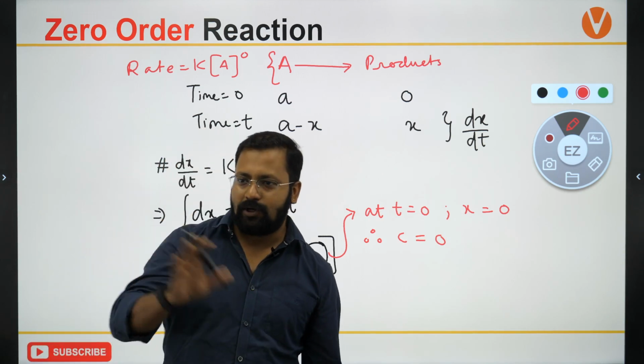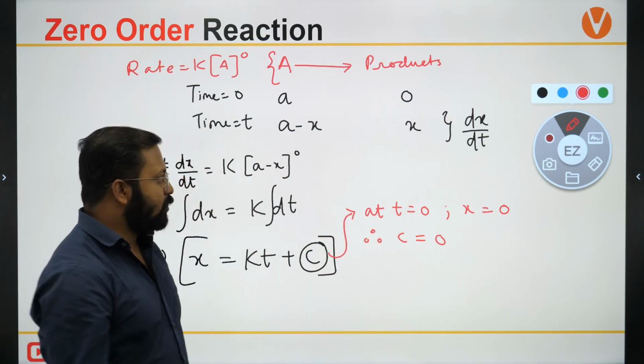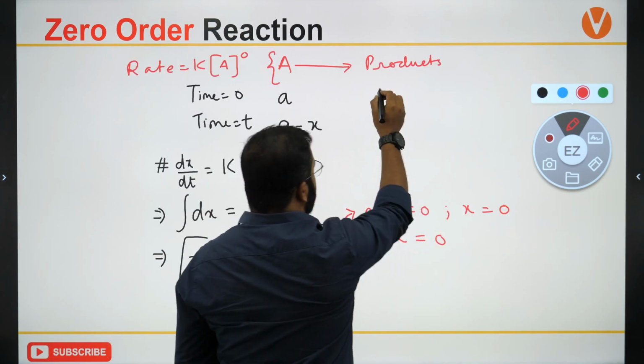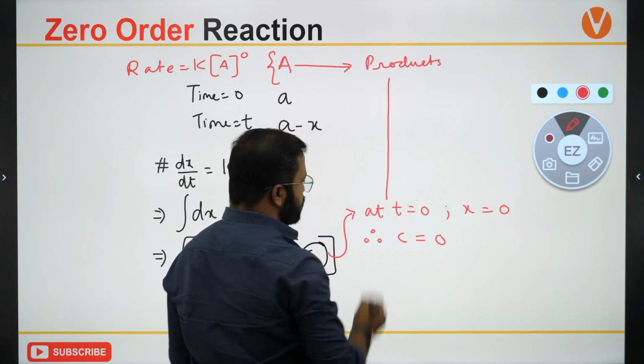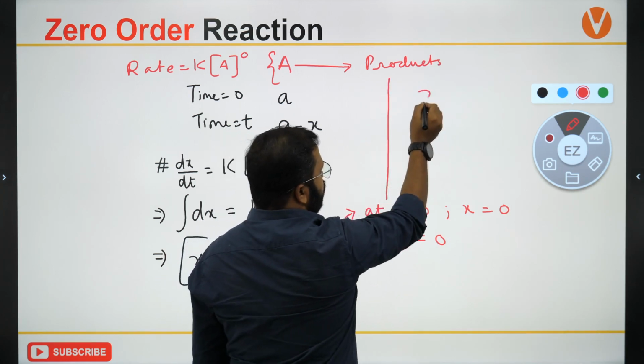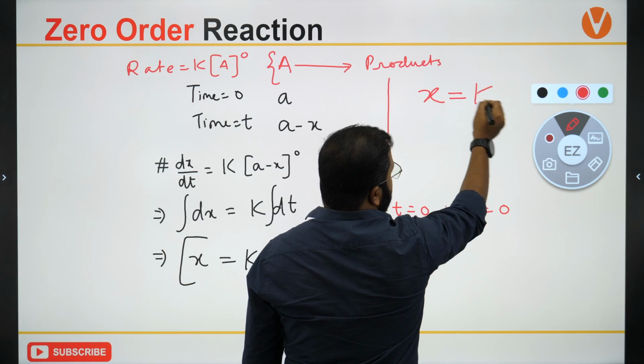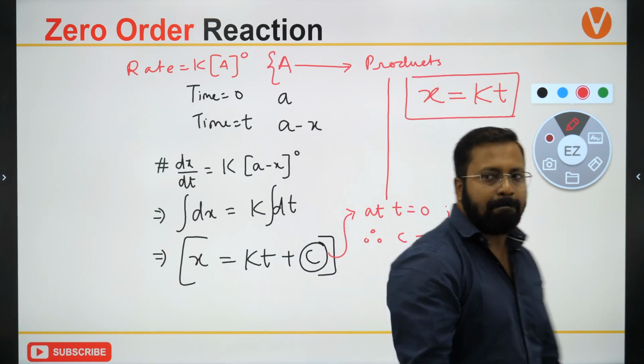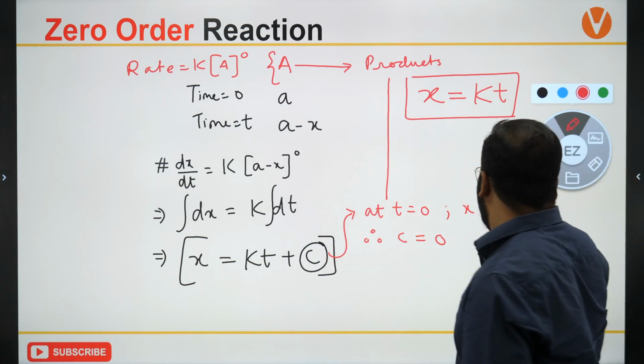By putting t equal to 0, I'm getting c equal to 0. So our equation turns out to be this. This equation will modify to form x is equal to kt.